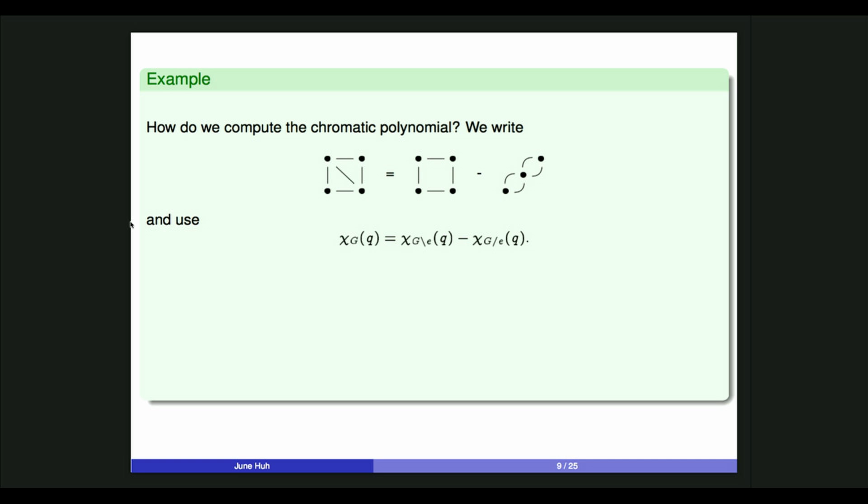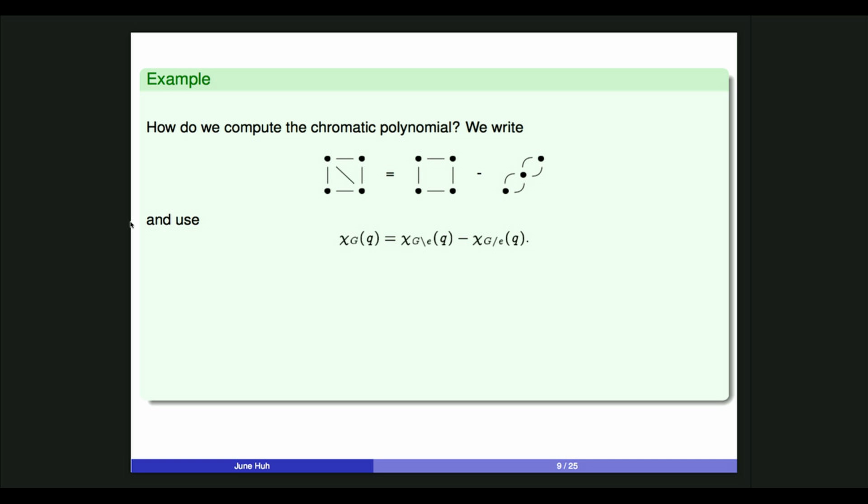So you see 3 graphs now, and you observe that the number of ways to color the vertices of the original graph, chi_G(q), using q colors, is the difference of the same functions using q colors of the 2 graphs that you have introduced.